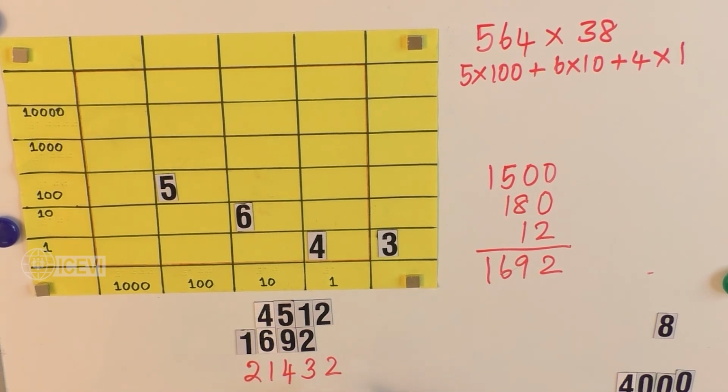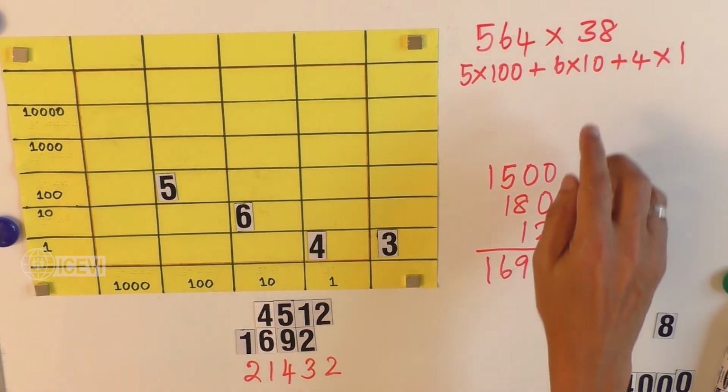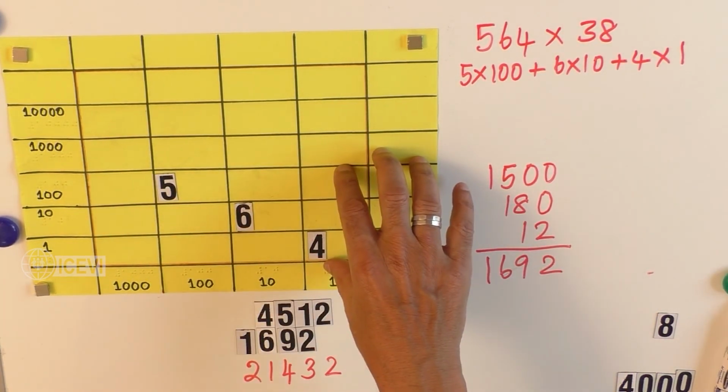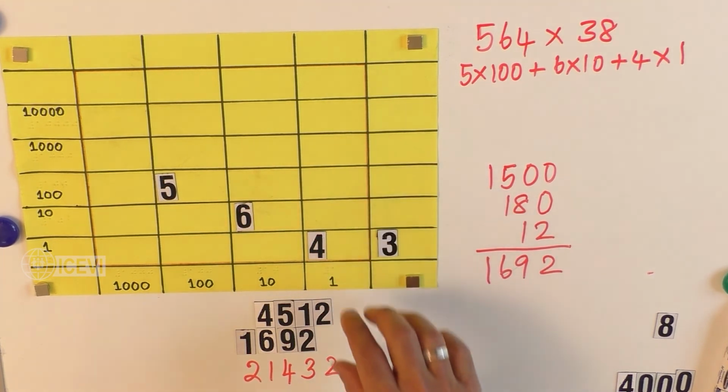That is, the value is 21,432. So we have used a 3-digit multiplier and 2-digit multiplicand and used the expanded form template and got the value.